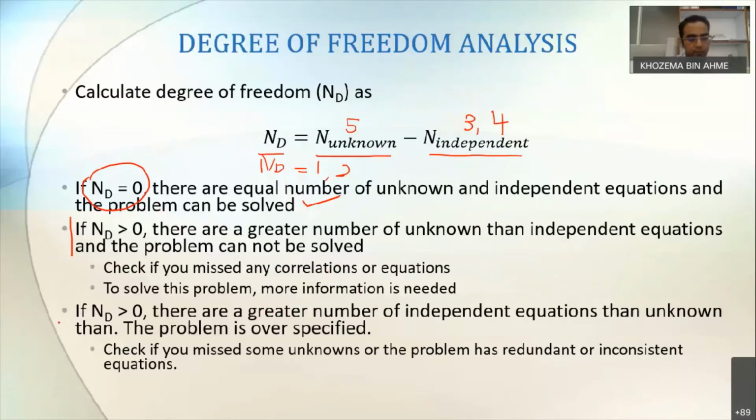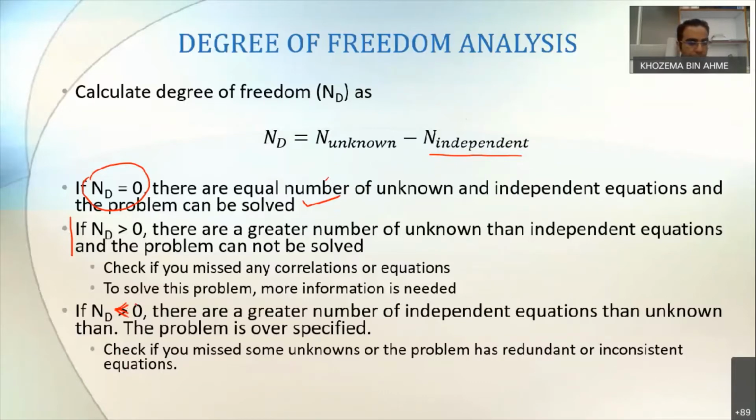The next criterion: this one should be N_D less than 0, sorry. If N_D is less than 0, meaning you have more information than your unknowns.